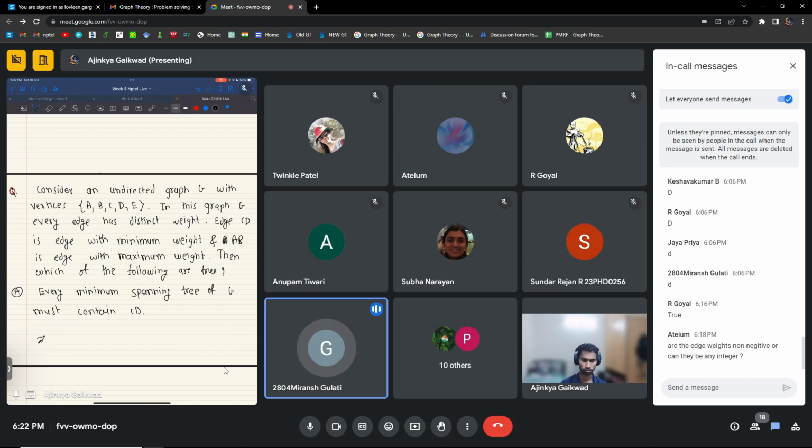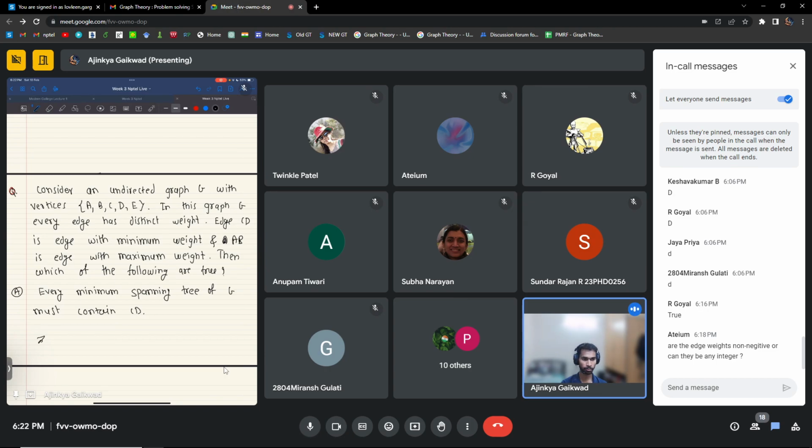Therefore, if we don't have CD, then there would be something else, and because CD is minimum, it would mean that the replacement of it is more than it, which will make sure that its uniqueness is not maintained, which is a contradiction. Yes, okay, so I think your explanation is on the right track.